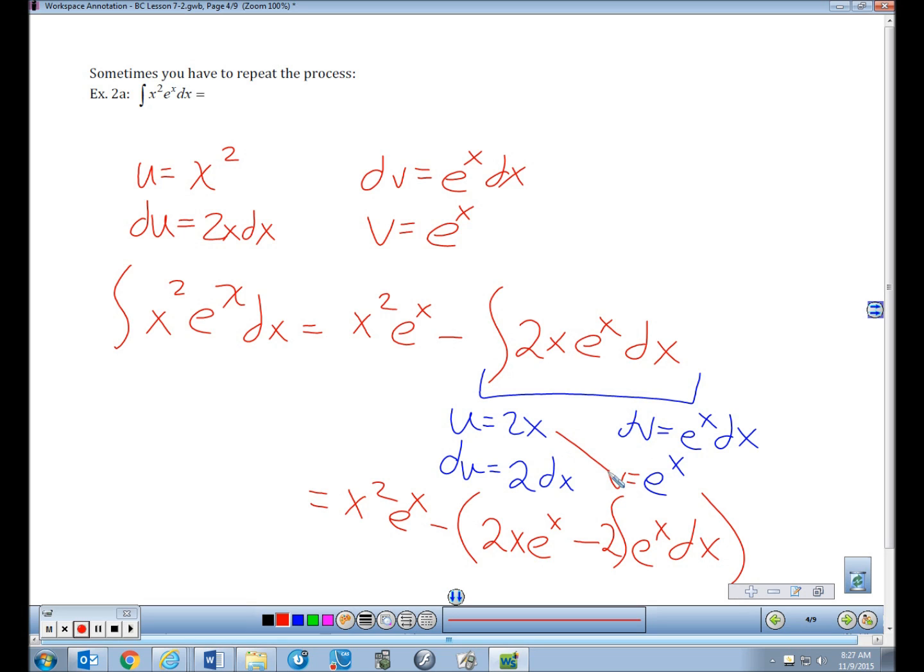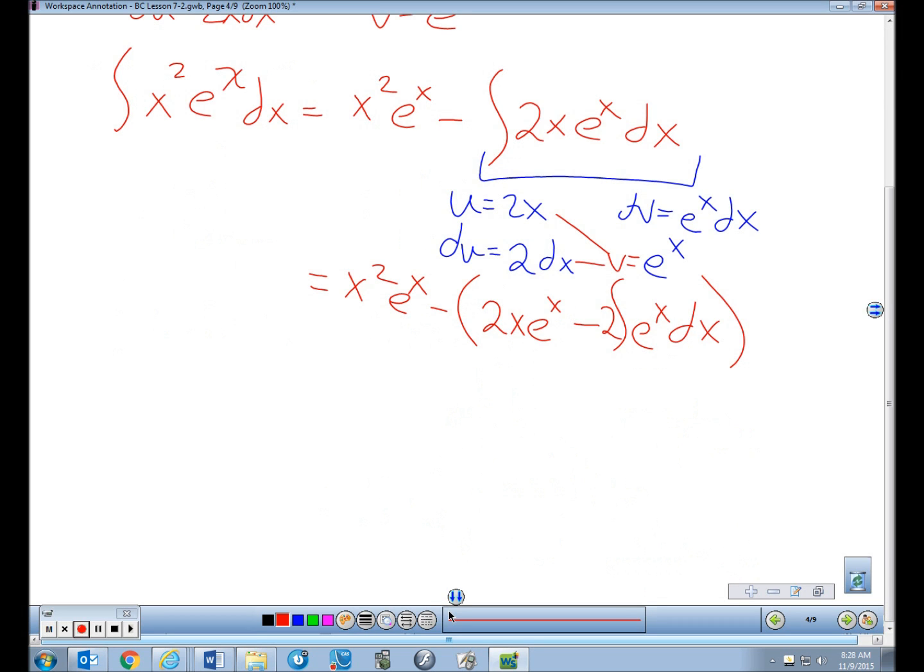So I had my u times v again, and then the integral of this times this, v du. And so we end up with x squared e to the x minus 2x e to the x. This will become a plus because this negative and this negative cancel out, so plus 2, and the integral of e to the x is just e to the x plus c.